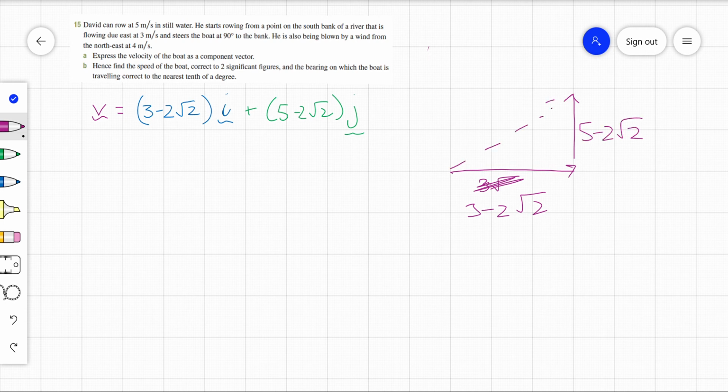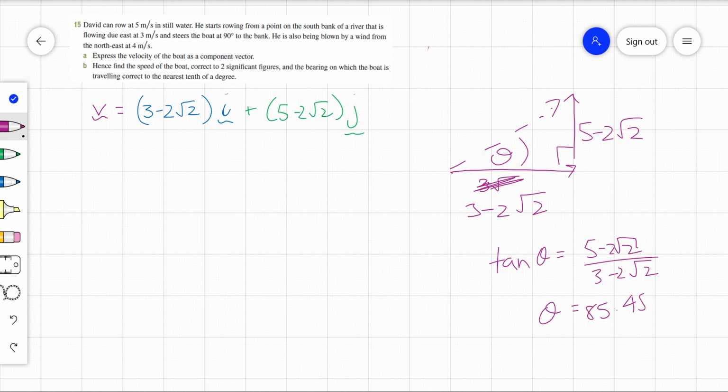So this is the direction it's going, if I put a little angle there. If I was interested in the angle, this will be 90 degrees of course, so I could use tan theta is opposite over adjacent, and then do the inverse tan of that. Now when I do that, I think I get 85.48, something like that, degrees.